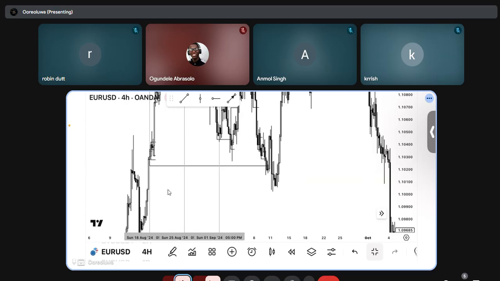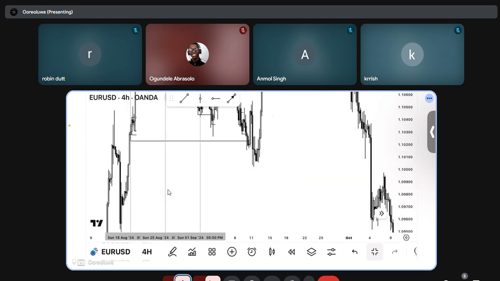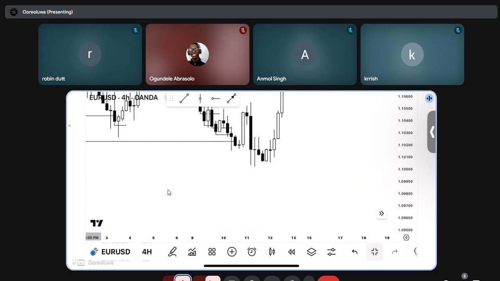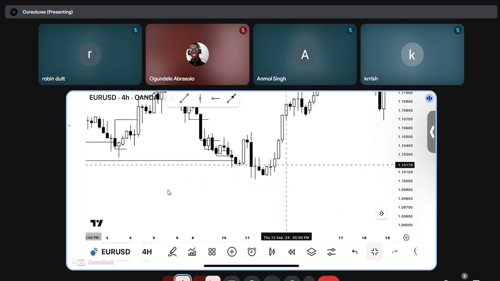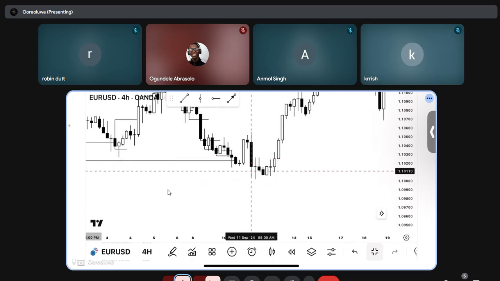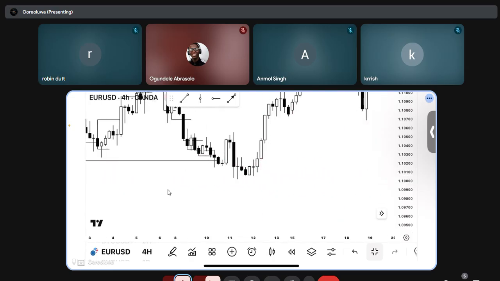This was another key level where we expect price to go to the upside. So we close around here, then we start looking for another buy, another move of the market. So at this point, this was the low. This wicked below, right?